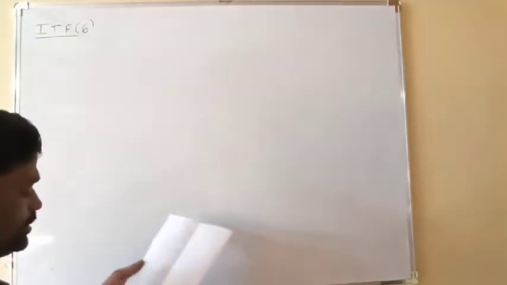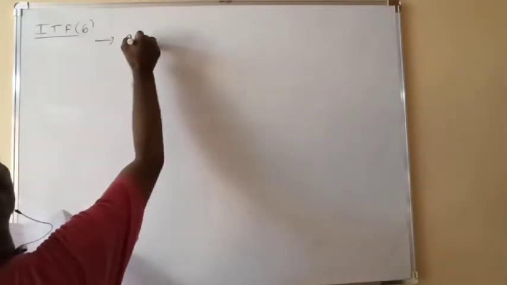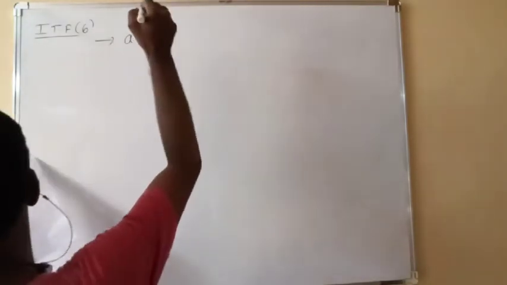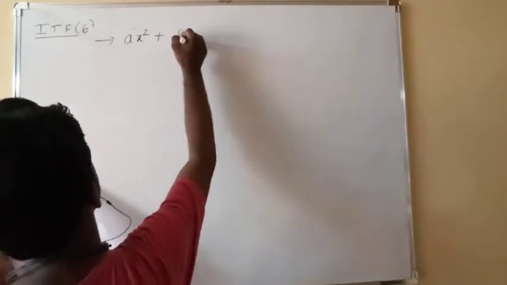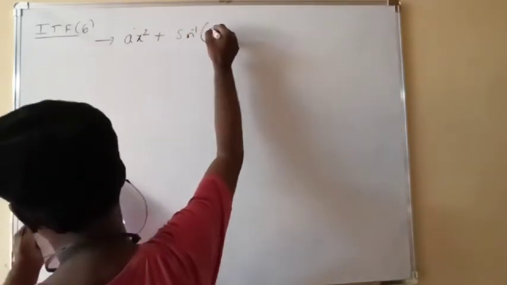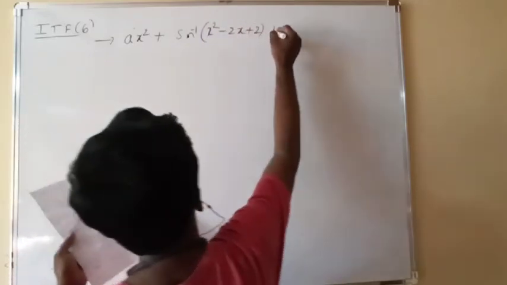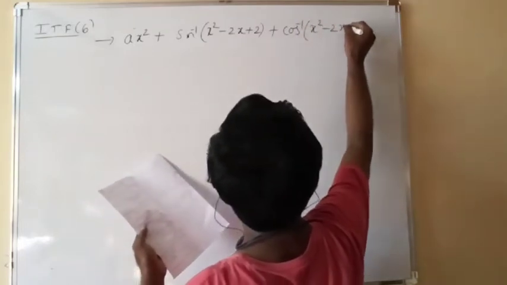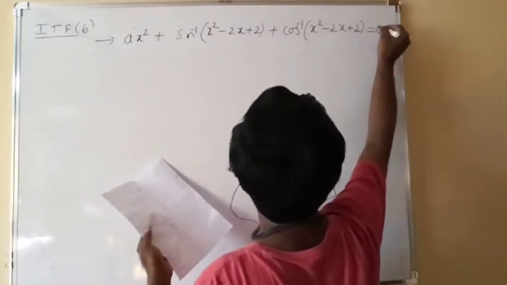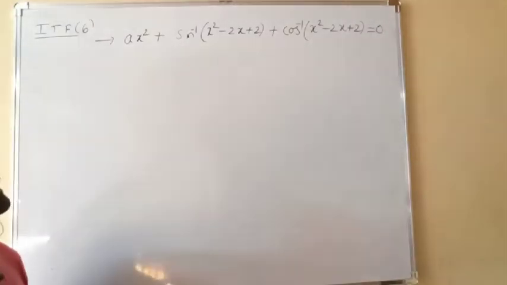Next, this is also based on the domain of the functions. Find the value of a for which the equation a x square plus sine inverse of x square minus 2x plus 2 plus cos inverse of x square minus 2x plus 2 is equal to 0. Here also we have to find the domain.